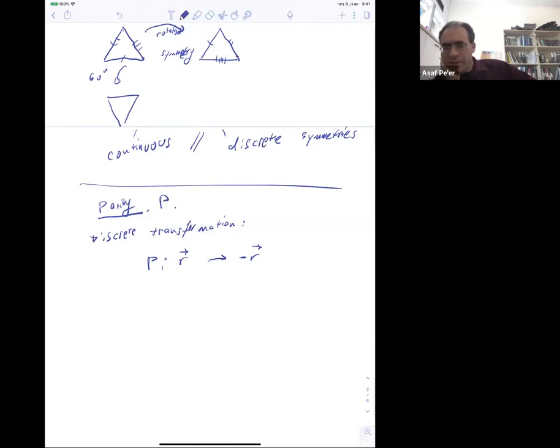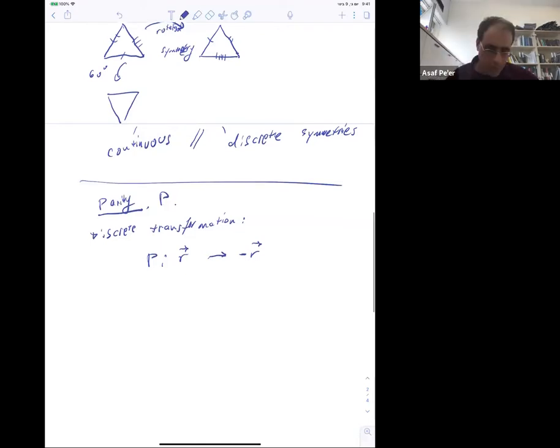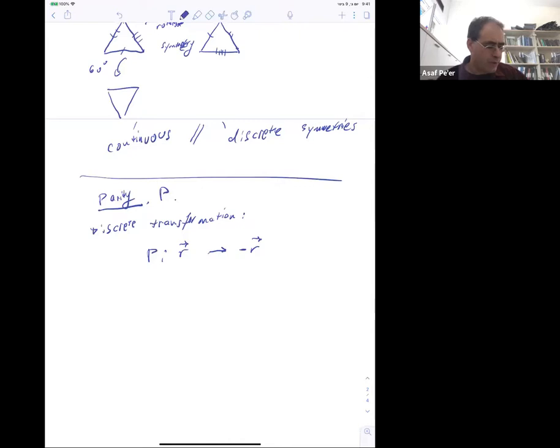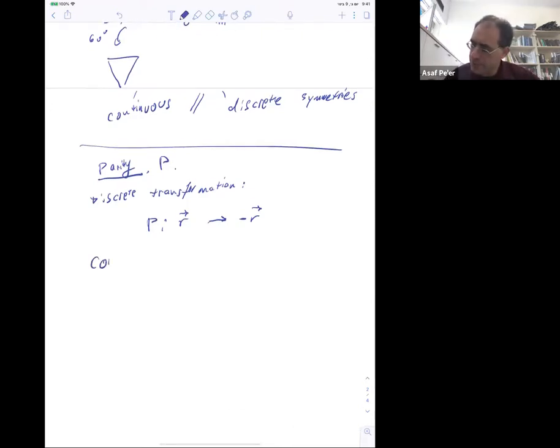So now let's say that we have a system or particle described by states psi.